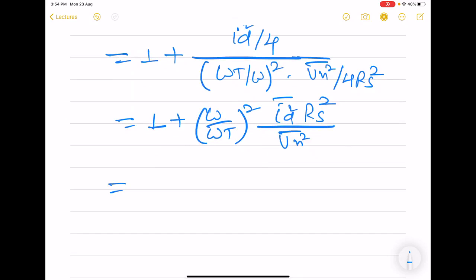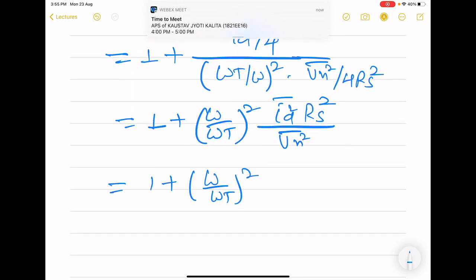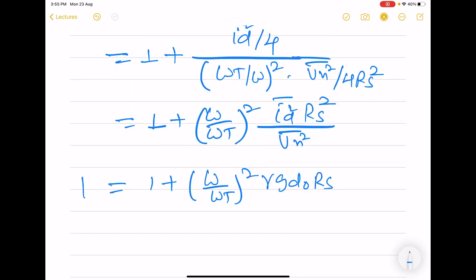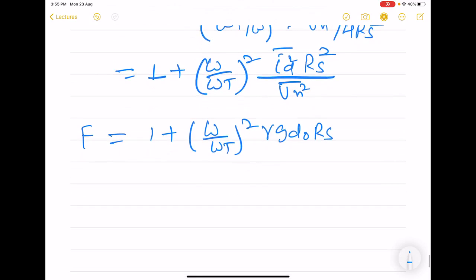And this will then simplify to 1 plus omega by omega T whole square into gamma GD0 Rs, after substituting the expressions for Vn mean square and Id mean square. So this is the noise factor for the inductively degenerated LNA.